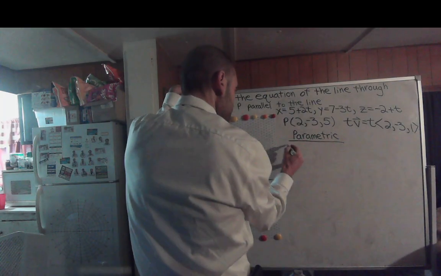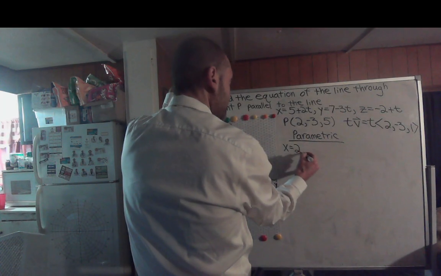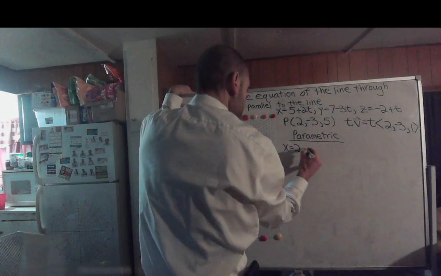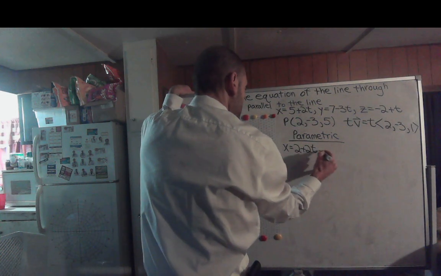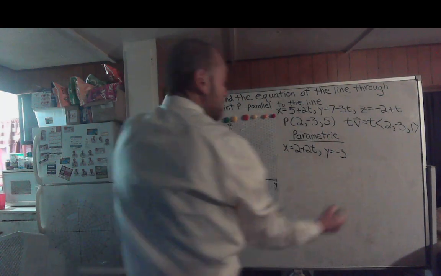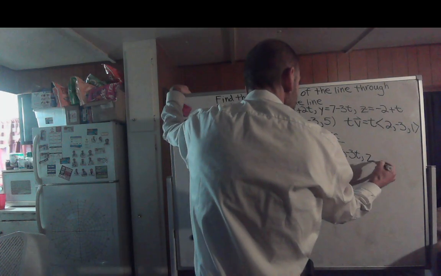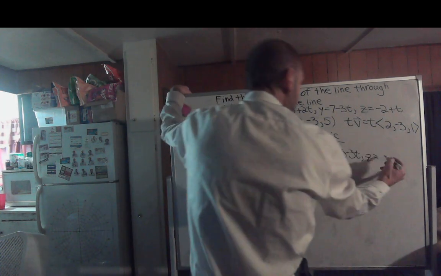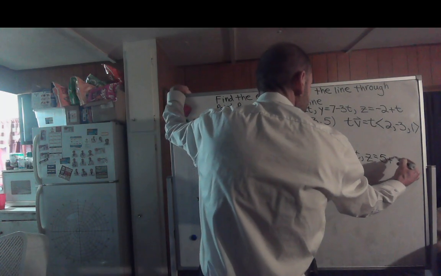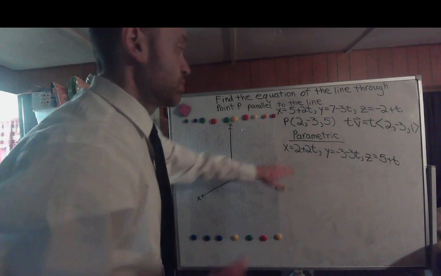So x is going to equal that x coordinate of 2 on point P plus 2 times t. Y would equal negative 3 minus 3t. And then z is going to equal 5 plus t. So there are your parametric equations.